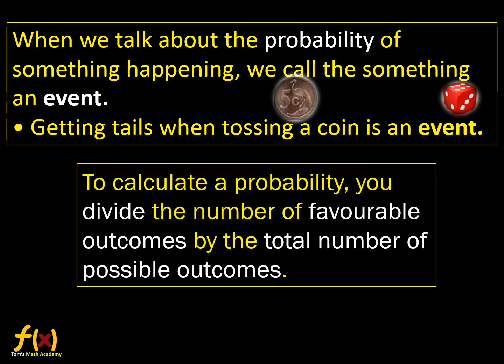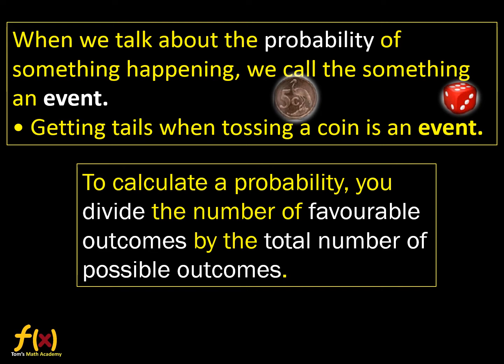To calculate a probability, you divide the number of favorable outcomes by the total number of possible outcomes. If you flip a coin, we have 2 possibilities. It can be head or it can be tail. So the total number of outcomes is 2. If you want a tail, the number of favorable outcomes is 1.